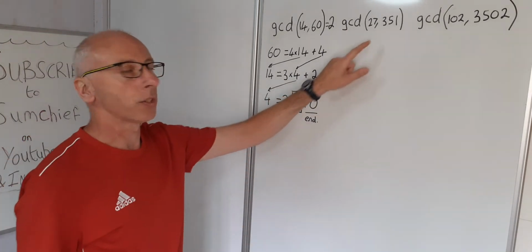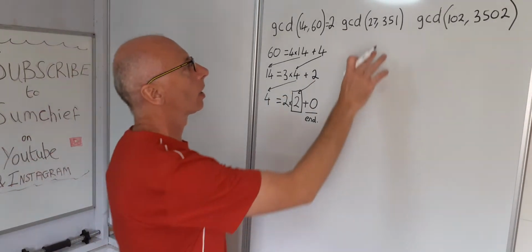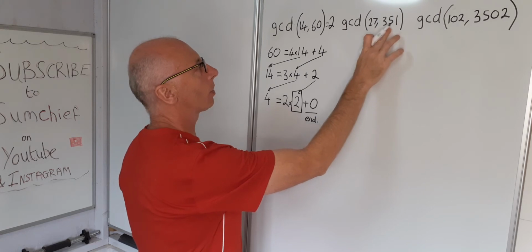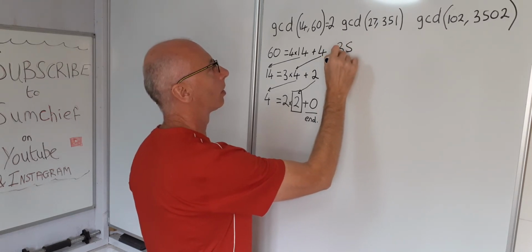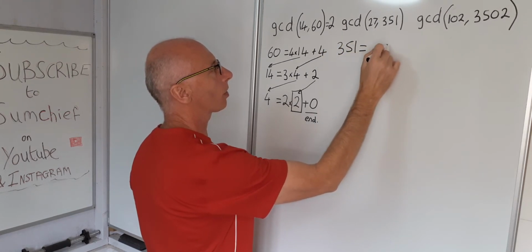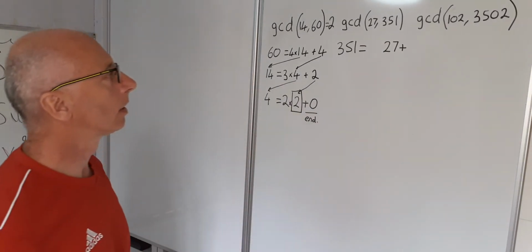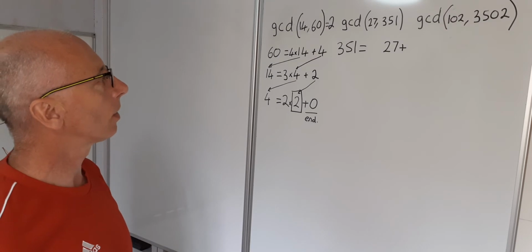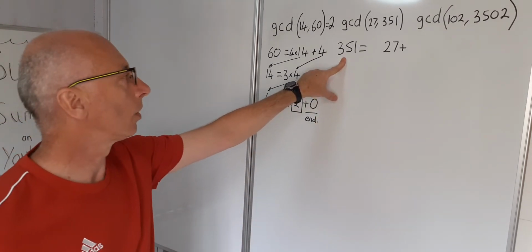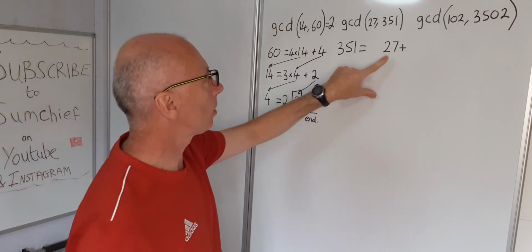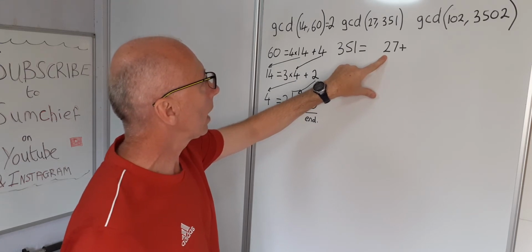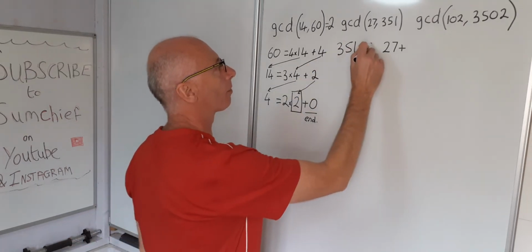Okay, let's use the same technique on this one. Again, pick the largest number first, 351. And that equals something times 27 plus a remainder. Okay, 27's into 351. So 27 times 10 is 270. That's 81 left, so it's 13.